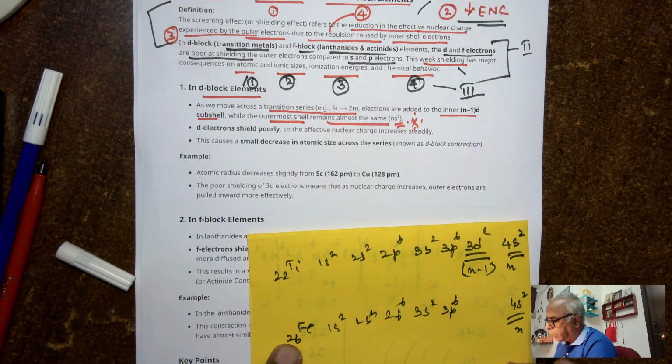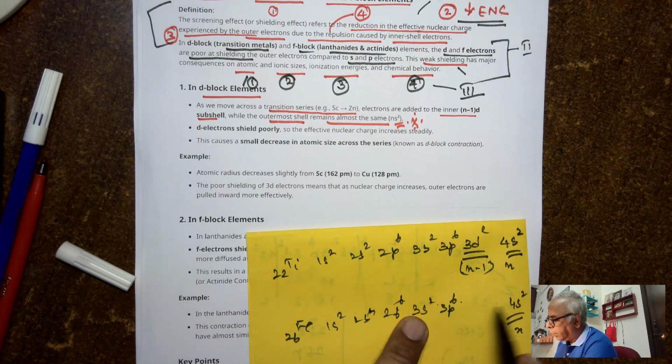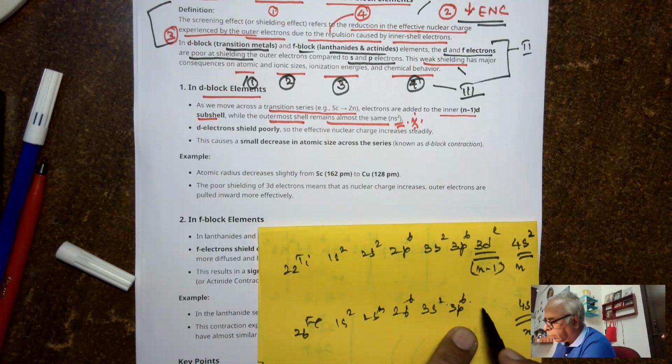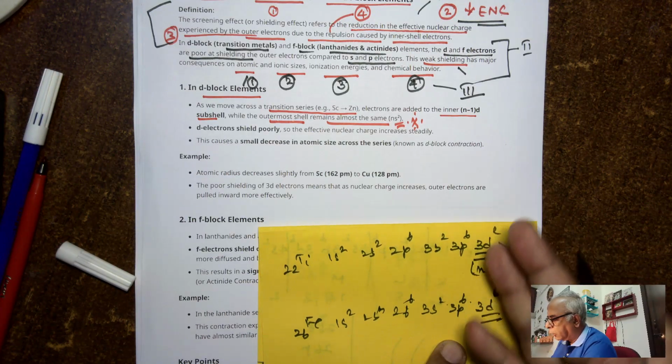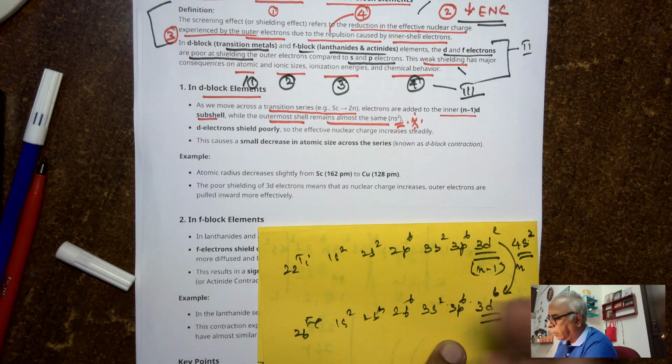But here, that is 2, 4, 10, and then 18, 20. So here 3D6. So this varies, is it not? In this case 3D2, in this case 3D6. So it means 4s2 remains constant and 3D is getting filled up one by one.